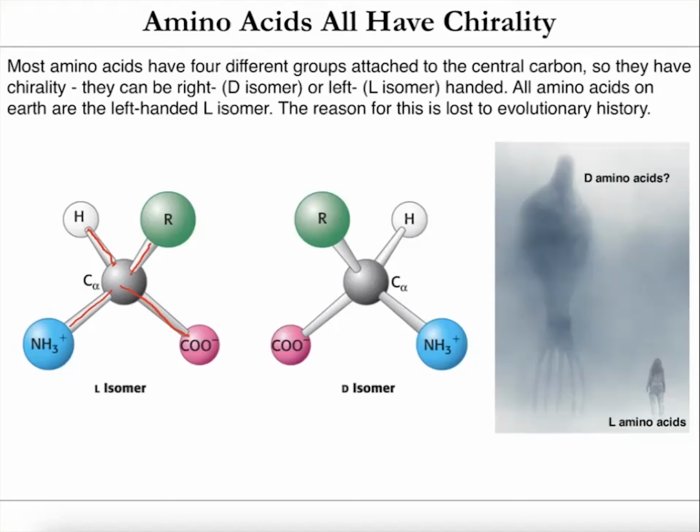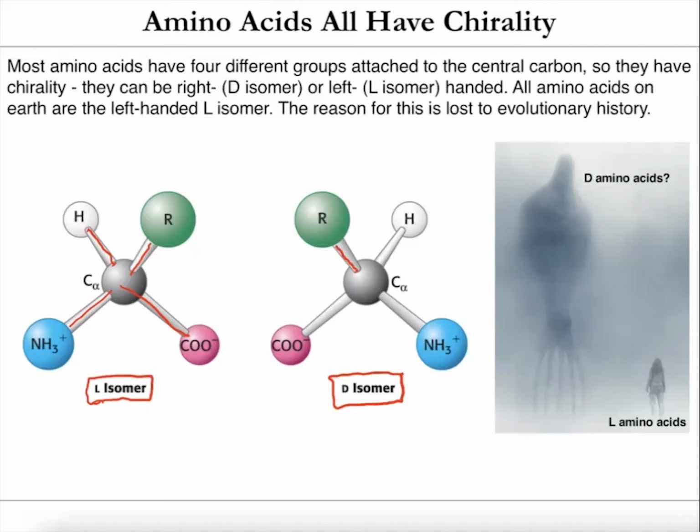When a carbon is bound to four different groups, that molecule can be right or left-handed, depending on how those groups are related to each other. This one is called the L isomer because it's left-handed. But if you arrange these groups differently, you get the D isomer, which is right-handed.